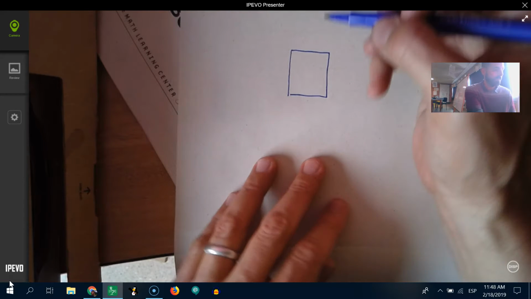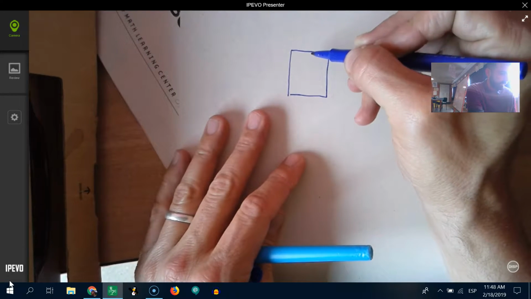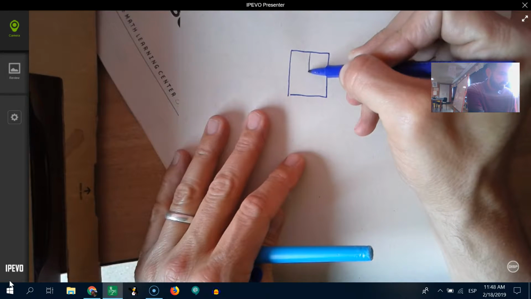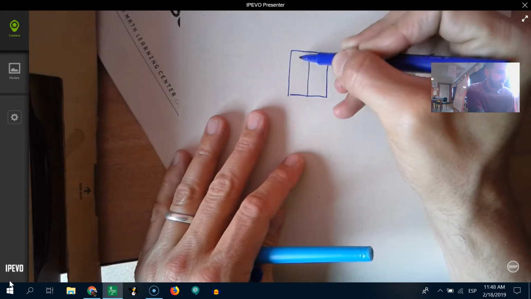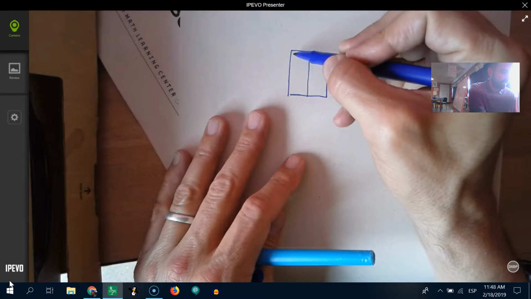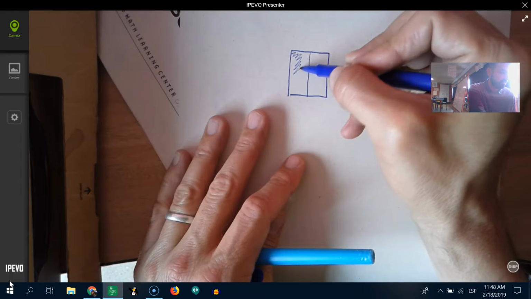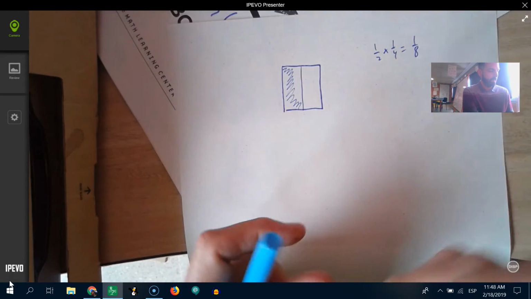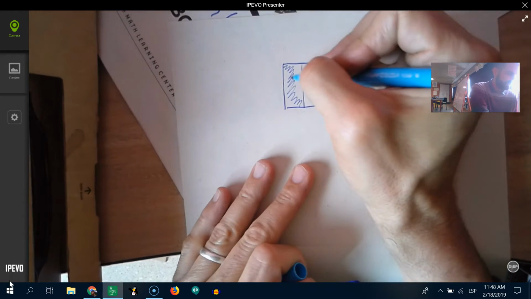So what we want to do is we want to say that I can split this one whole into half, and I have this half here. And I want to look on the other side, and I want to split that into fourths.